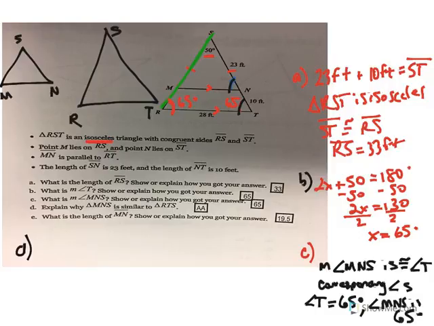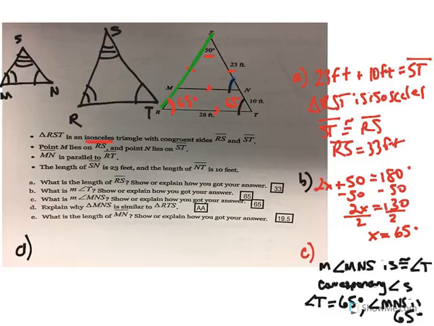And we know the angle N is congruent to angle T because they're corresponding angles. And we know the same is true on the other side as well. Angle R is congruent to angle M because they are corresponding angles. And we know that angle S is congruent to angle S because they are a common angle.